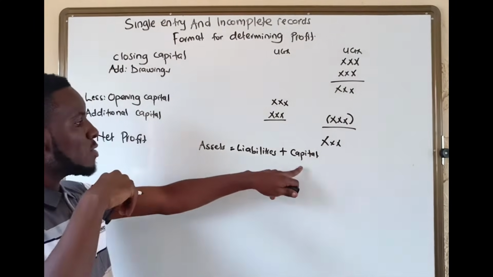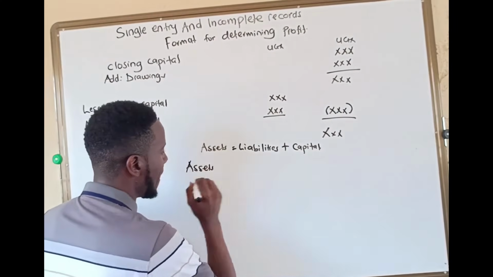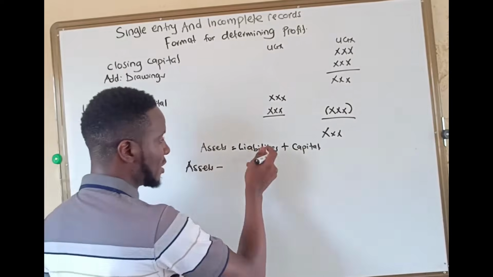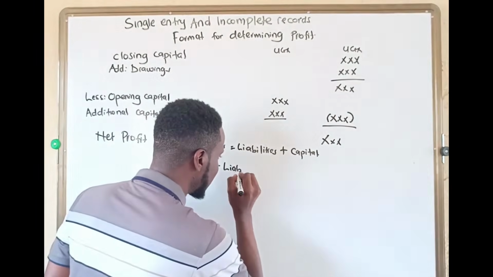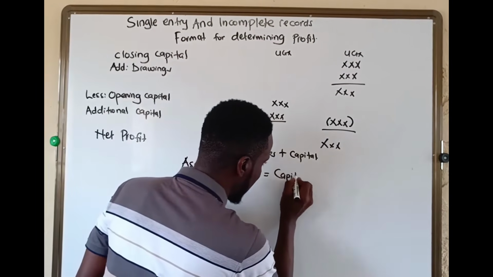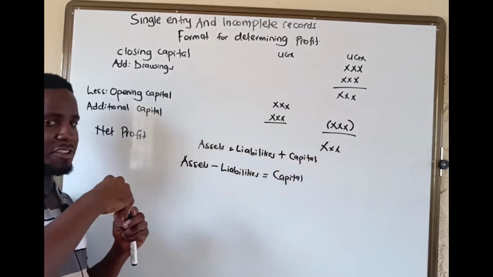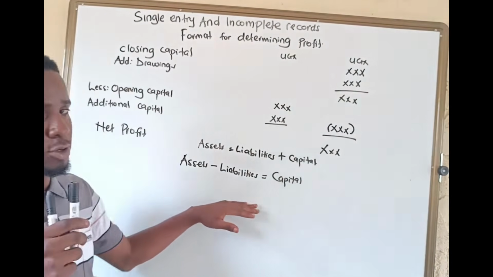So what we are going to do is have our assets minus our liabilities. We bring the liabilities this side, minus the liabilities, and they shall give us what? Capital. Then, how are we going to get the opening capital?